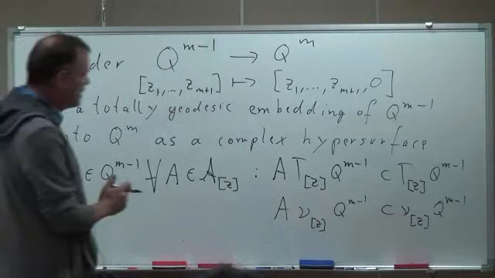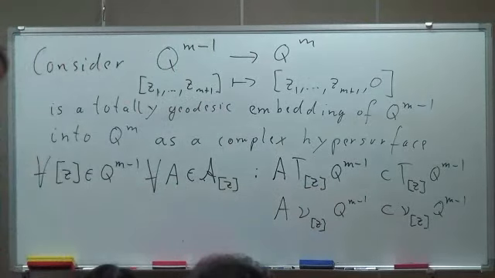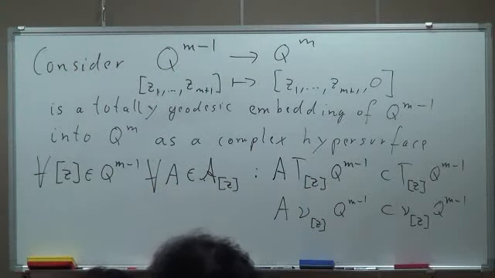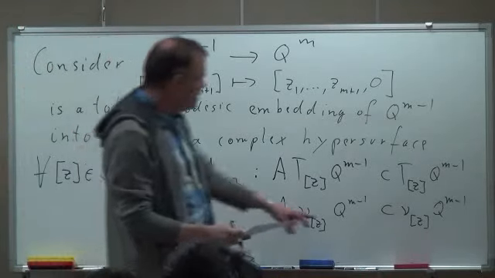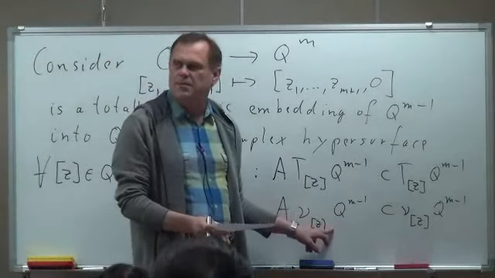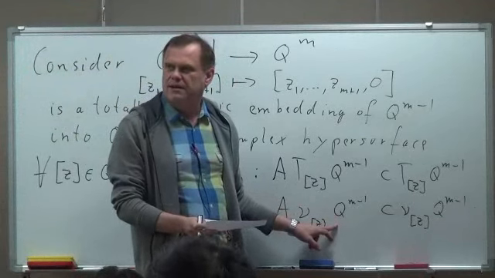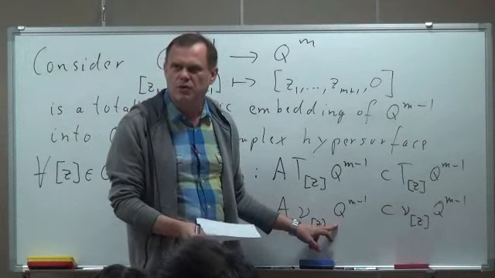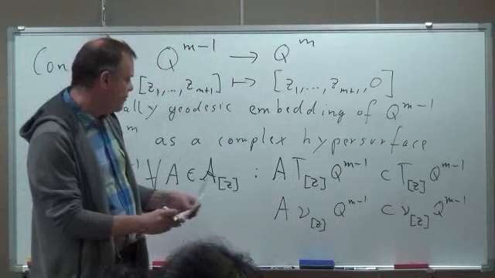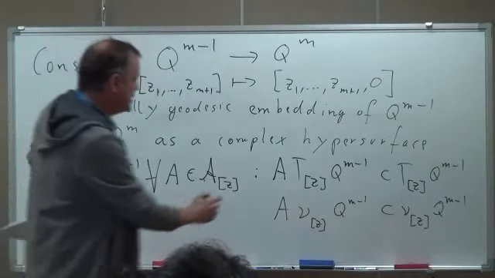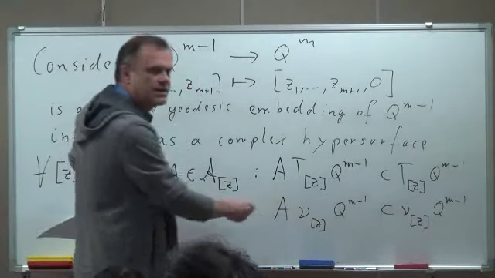So in particular, the normal space has real codimension 2. It's a complex line. This tells us that, and we have this circle of complex conjugations.